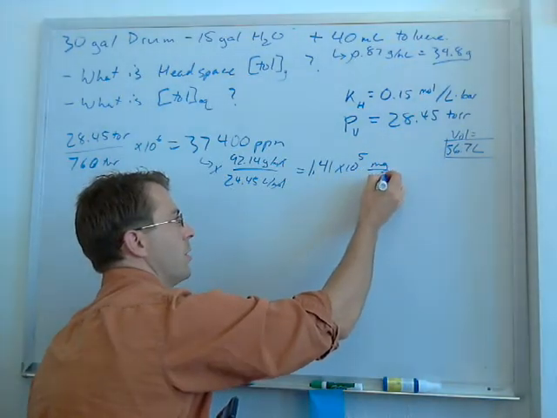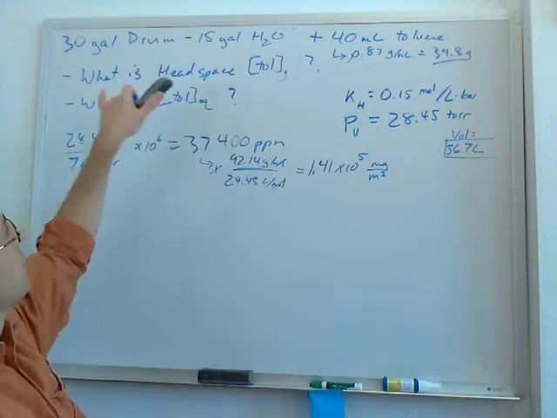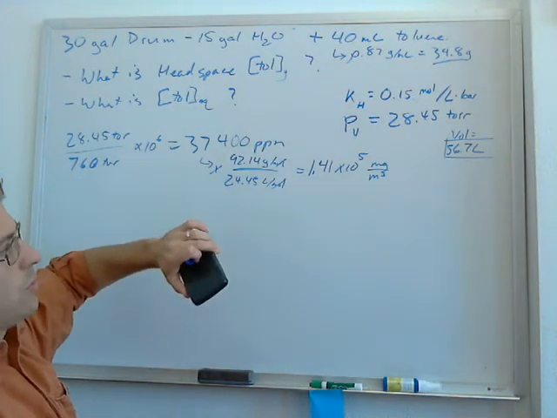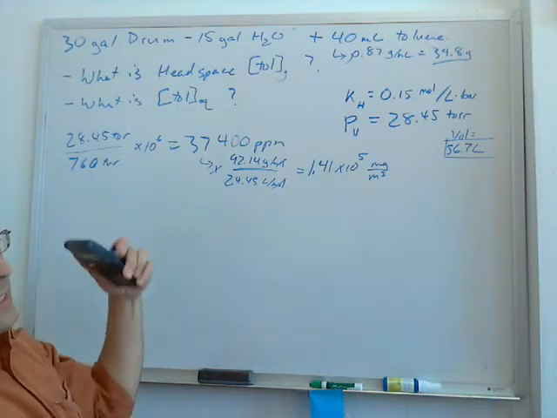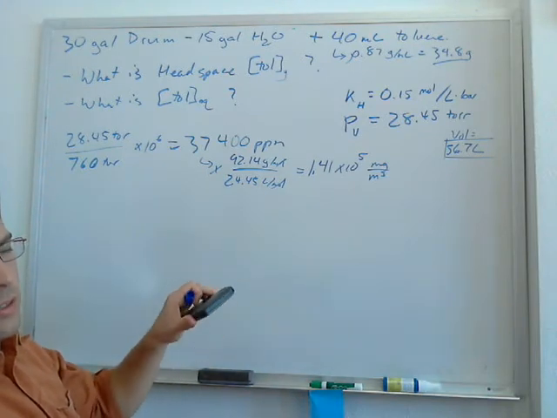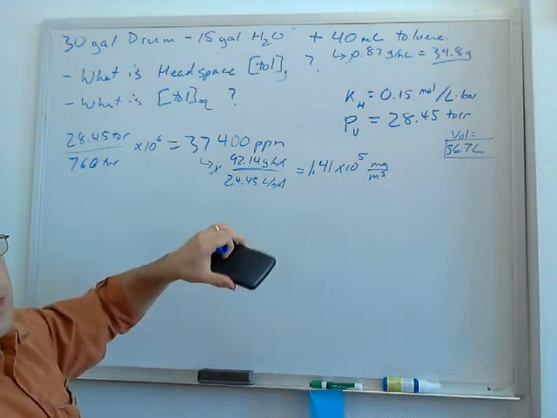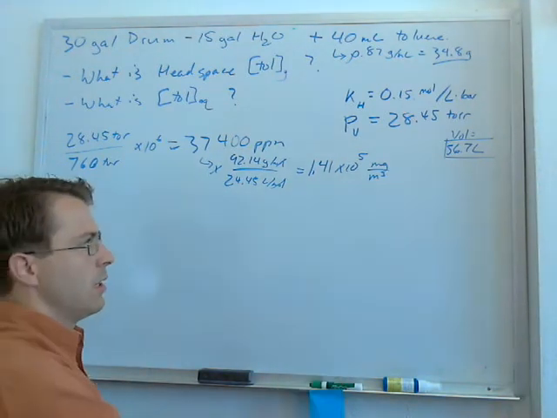milligrams per cubic meter. But we don't really want milligrams per cubic meter. Liters would be more useful since that's what our volume is in. And we usually talk about air in cubic meters, but water in liters. And so it's going to be helpful, just trust me, if we put all this in liters as our base unit instead of mix and match.